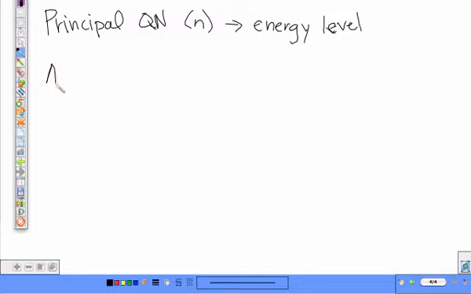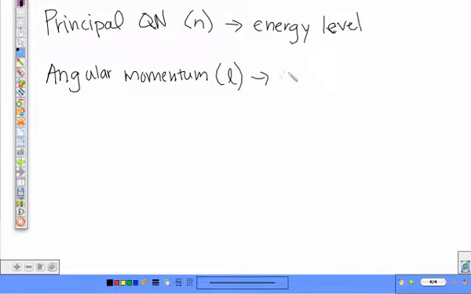Next one is angular momentum, which is our L value. What does this describe? The shape, the shape of the sublevel.